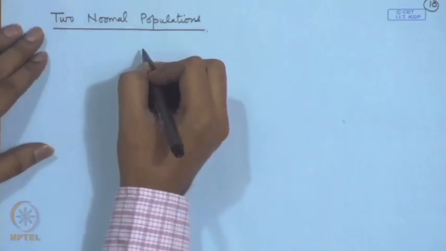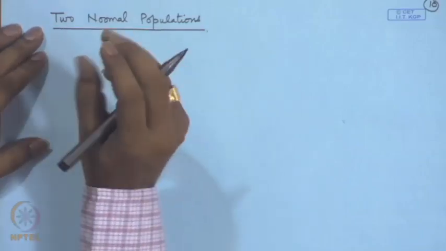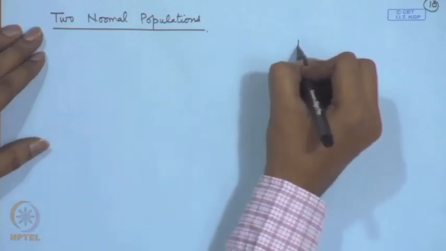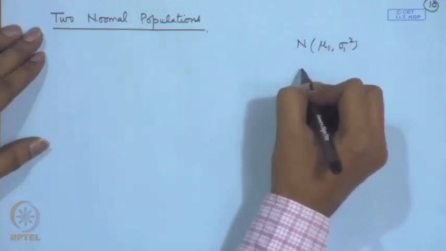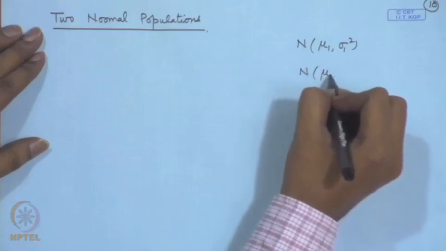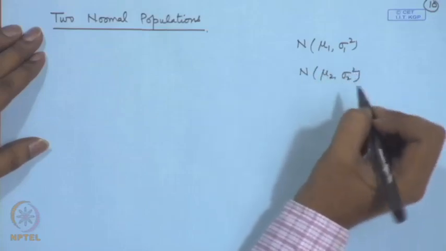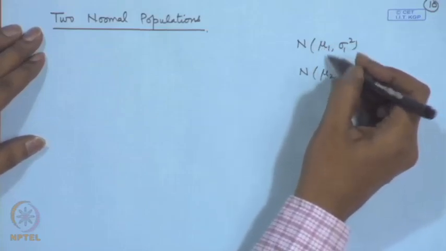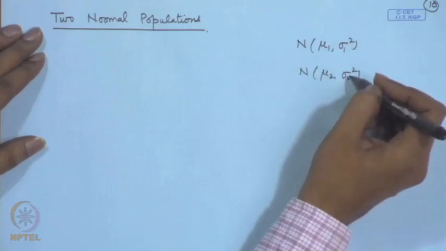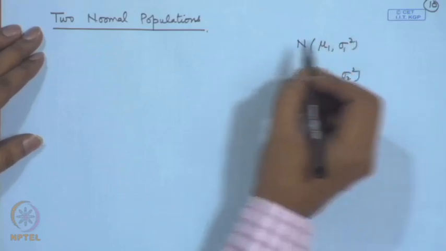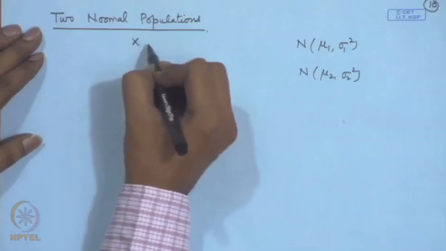We consider that there are two normal populations, normal mu 1 sigma 1 square and normal mu 2 sigma 2 square. We want to make certain inferences on mu 1 minus mu 2 or sigma 1 square by sigma 2 square, etcetera. So, we consider random samples from these populations.